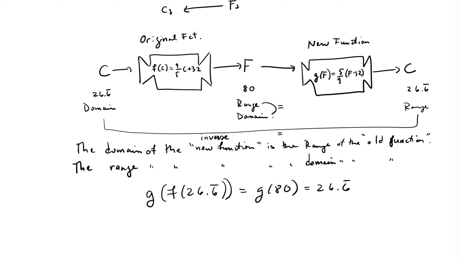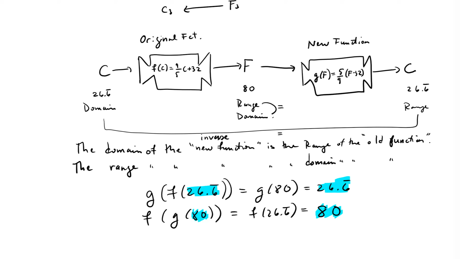So nothing has changed. What we have here is what comes out of composing the two functions together. We could also verify that f of g of 80 works: g of 80 is 26.6 Celsius, and applying f to that, we get the temperature in Fahrenheit, so we get 80. So again, if it's 80 here, it's 80 there.